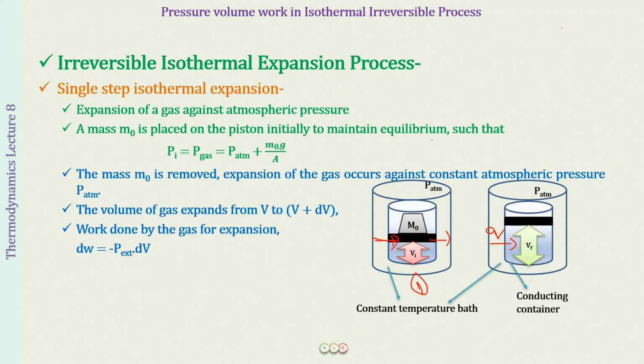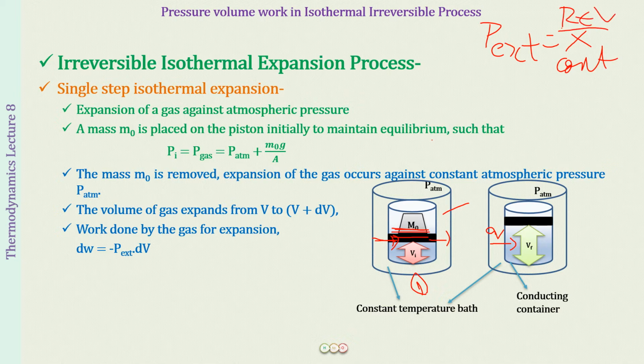In the reversible process, we were moving the piston very slowly, and at each step the external pressure was becoming equal to the pressure of the gas. Therefore the external pressure was always changing. It was not constant when it was a reversible process.